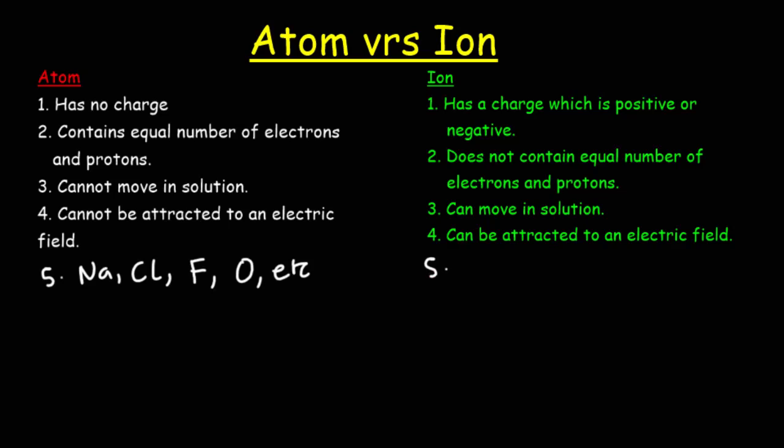Then an example of an ion is when sodium loses one electron, so we have sodium positive. When chlorine gains an electron, we have chlorine negative. When fluorine gains an electron, we have fluorine negative. When oxygen gains 2 electrons, we have O2 minus, and so on.